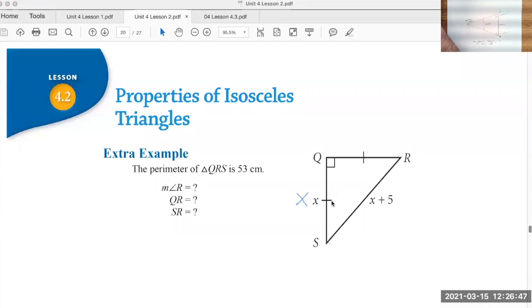You know that this hash mark is the same as this hash mark here, so this must also be length x. The perimeter is 53, so the sum of x plus x plus x, which is 3x, plus 5, equals 53.